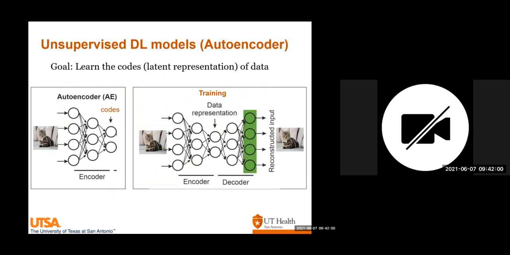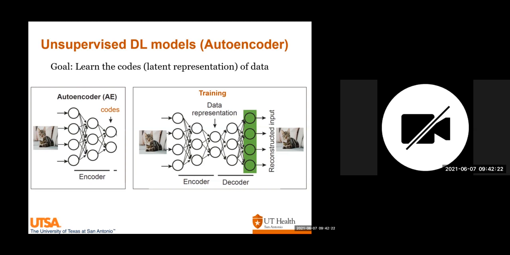On the other hand, another big area of learning is called unsupervised deep learning. For unsupervised deep learning, we only present the machine with data or images, but no labels. There's no label associated with the images.